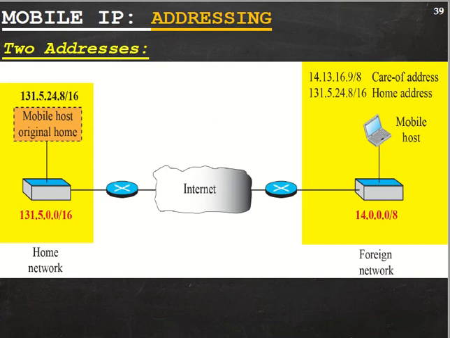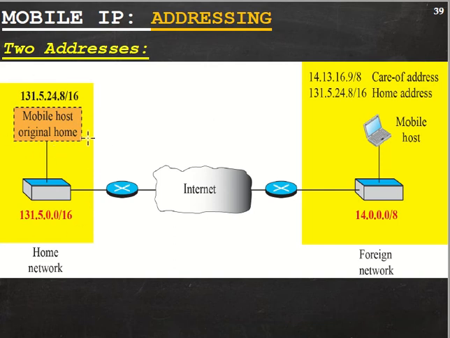The care of address is a temporary address. When a host moves from one network to another, the care of address changes. It is associated with the foreign network, that is the external network, the network to which the host moves, as shown in this diagram. You can see this is the home network.